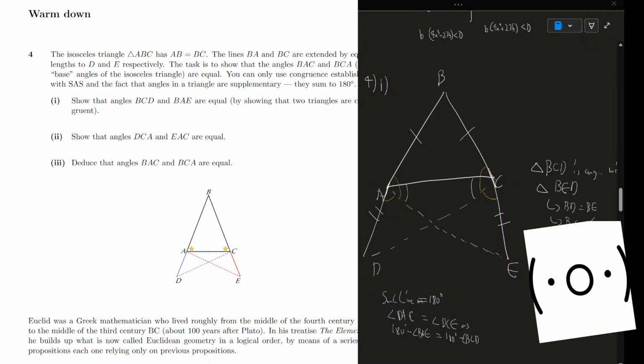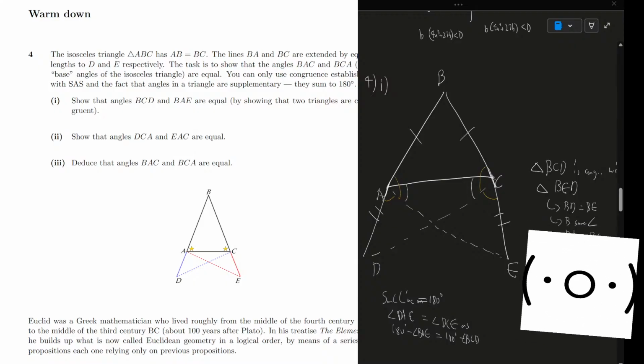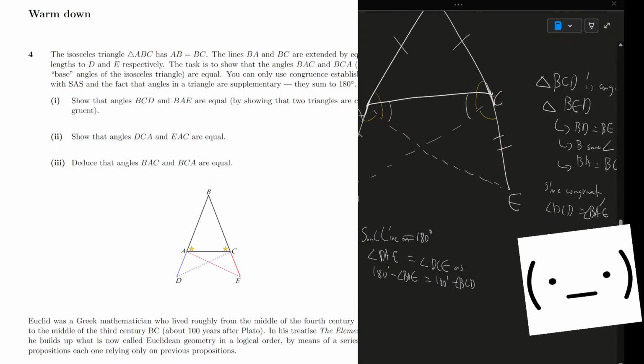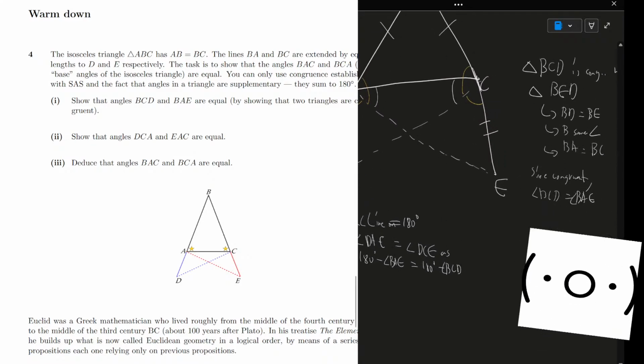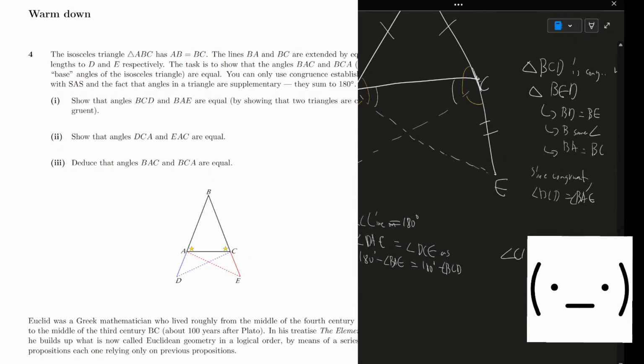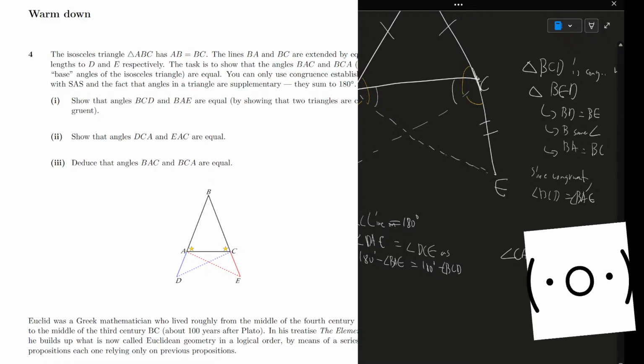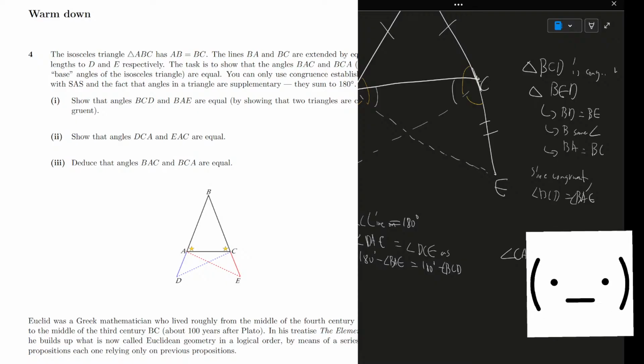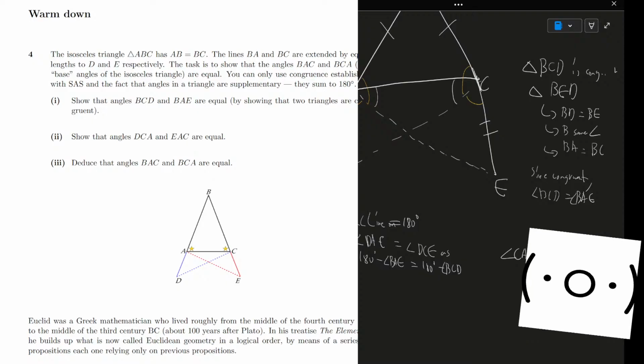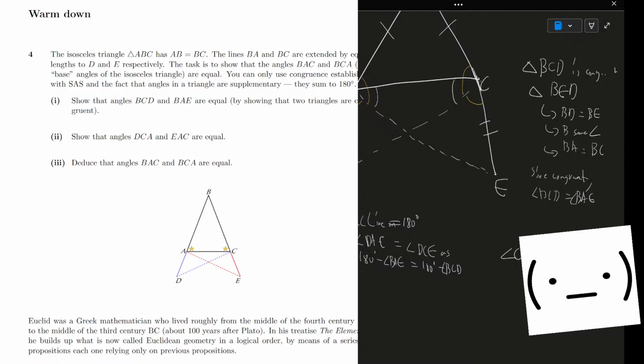Okay, so I've been thinking for a while, and I'm still no closer to figuring out what we need to find out, which is how is CAD equal to ACE?